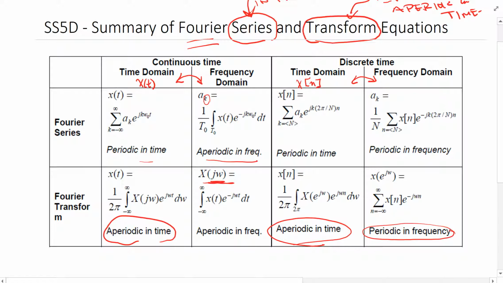So that's another difference. And we even know what the period is, which is 2 pi. So that's a summary of everything to do with Fourier series and Fourier transform that has been discussed so far.